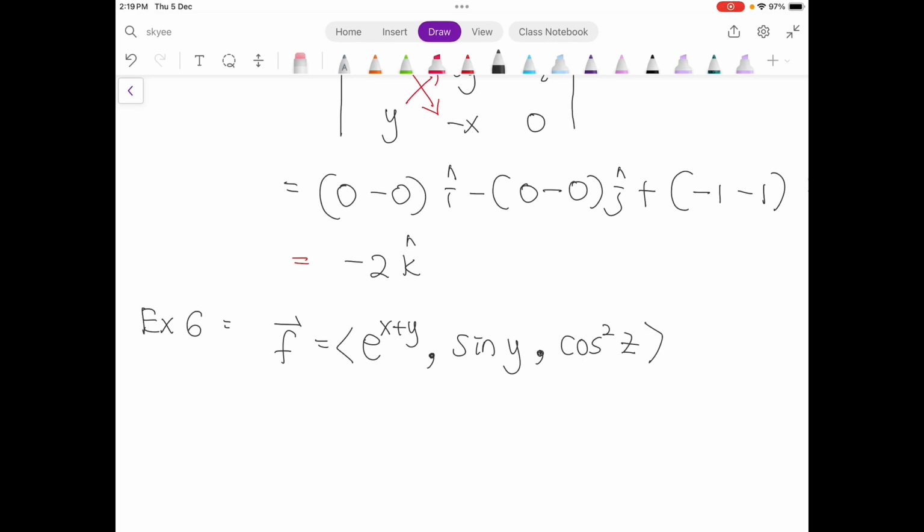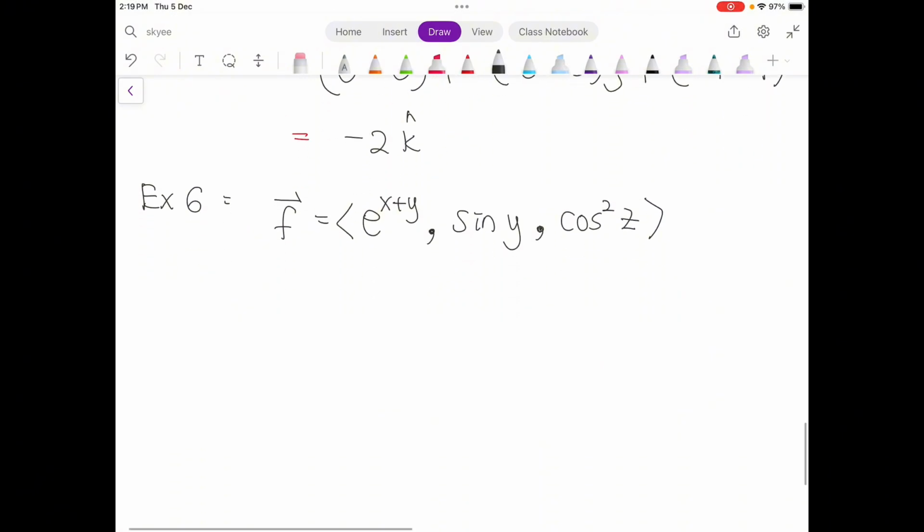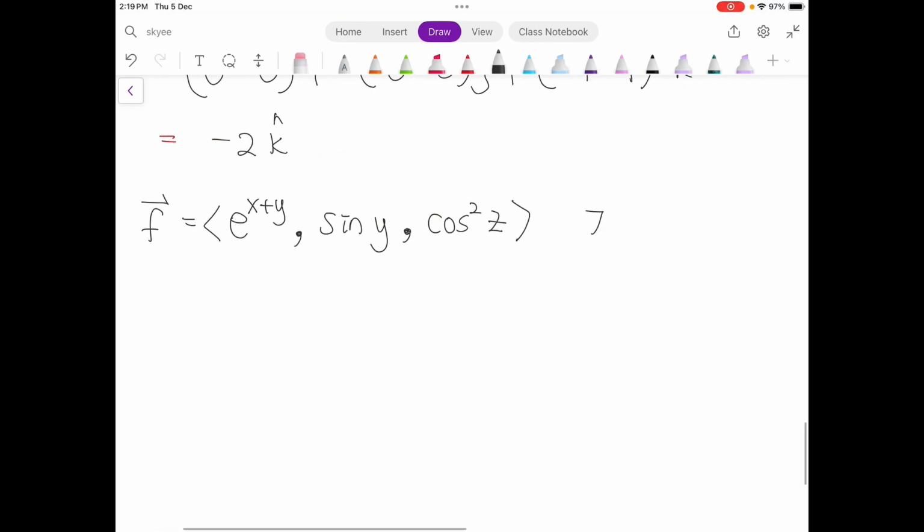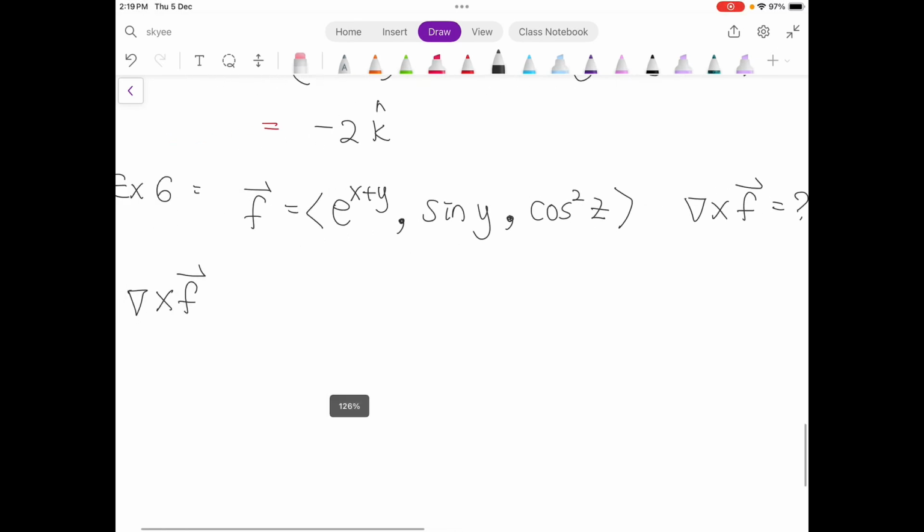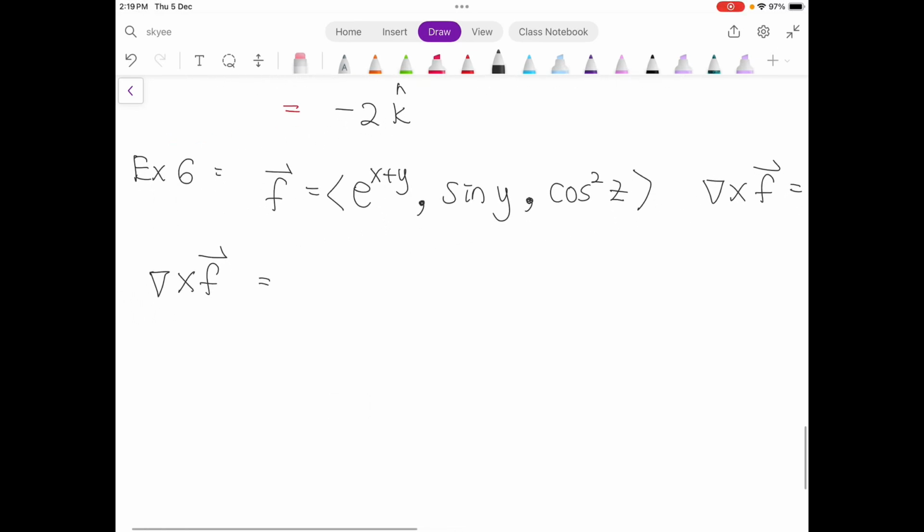So this is our function, our vector. Now I want to find the curl of vector f. So just arrange them into the matrix form again and do the cross product.